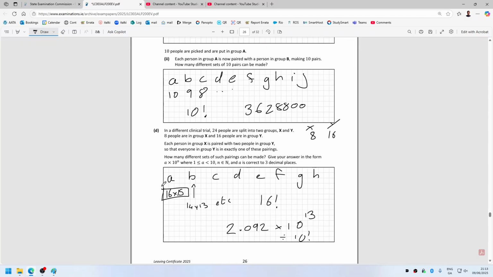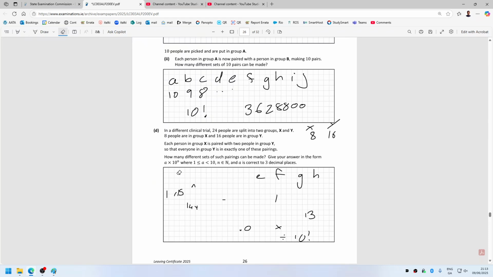Hmm. Or do I multiply by 10 factorial? The problem is the English here is really confusing me.